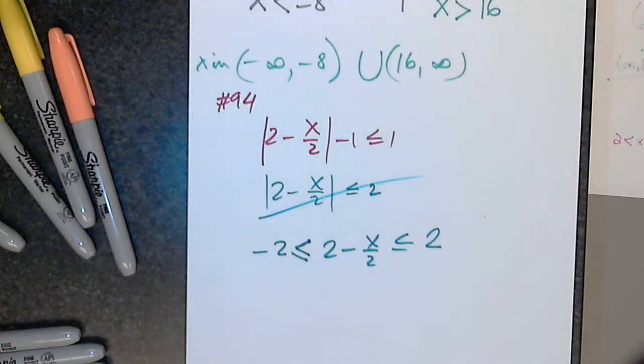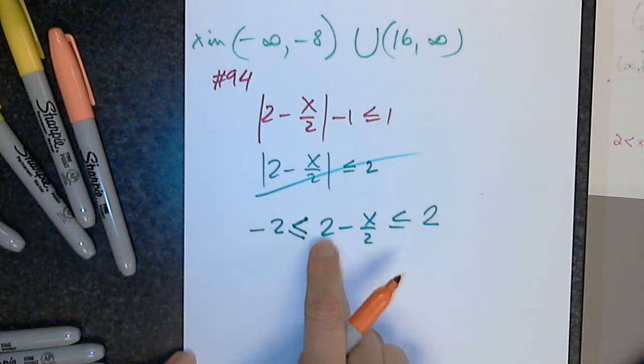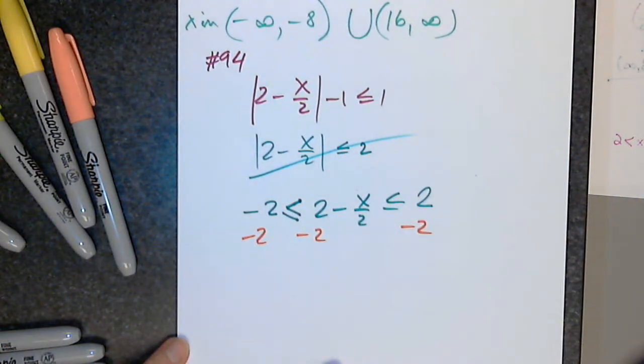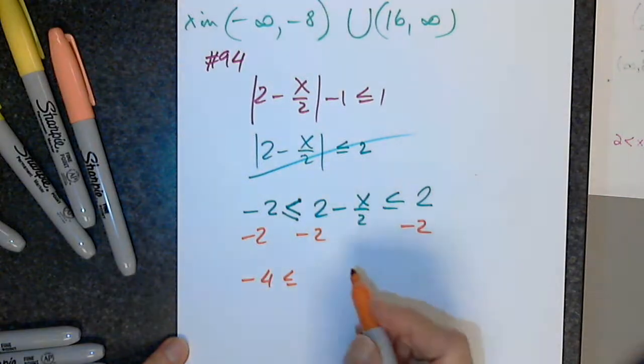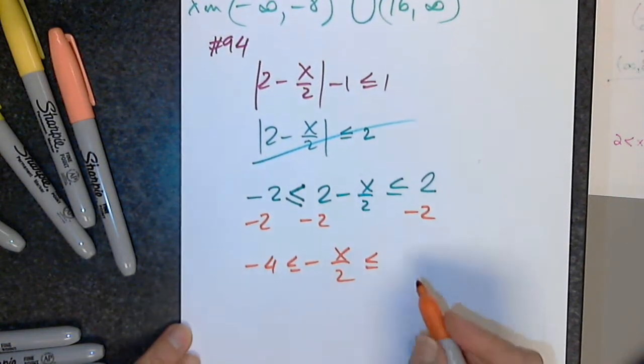I have to get rid of the weakest link first. The weakest link is 2. So negative 2, negative 2, negative 2. The left-hand side is? The middle part is? We can, yes, change it. And the right-hand side is?